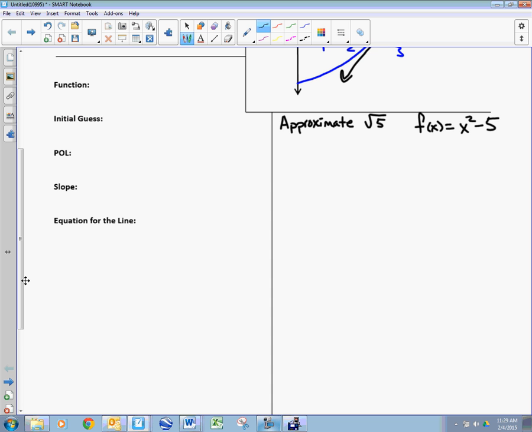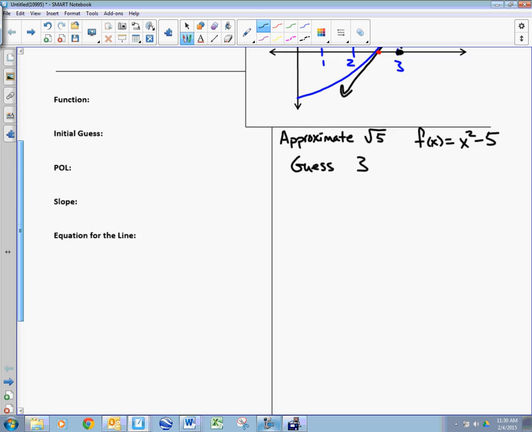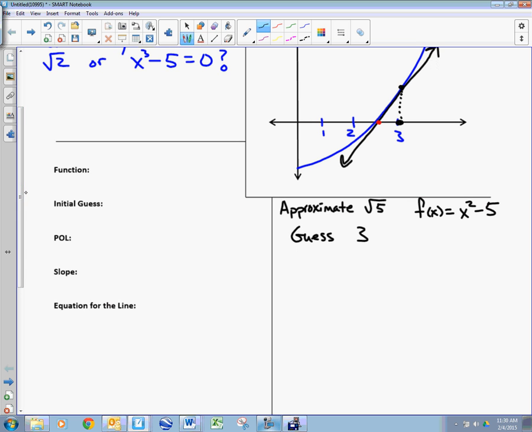Now that we have that, what we said is that we want to make a guess, and we use that guess to come up with a point on the graph. Yes, no? We use 3 to come up with that point and then write an equation for the line tangent.